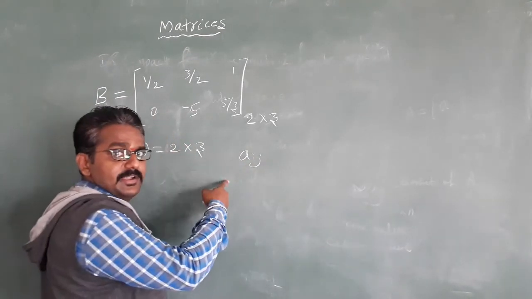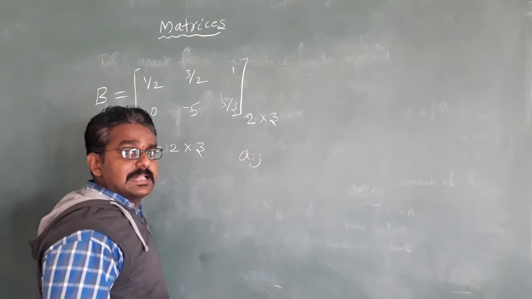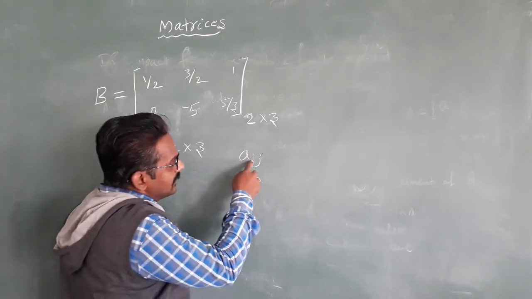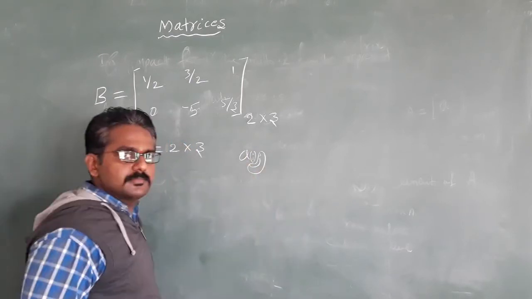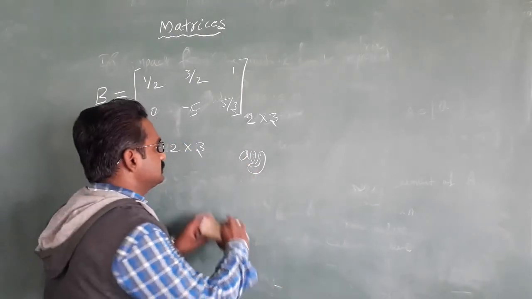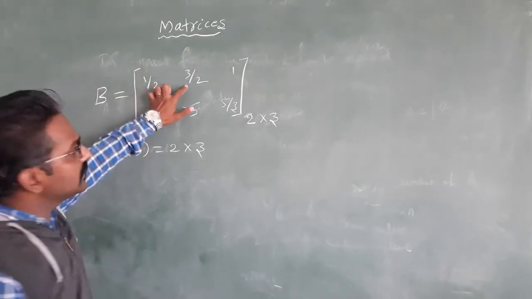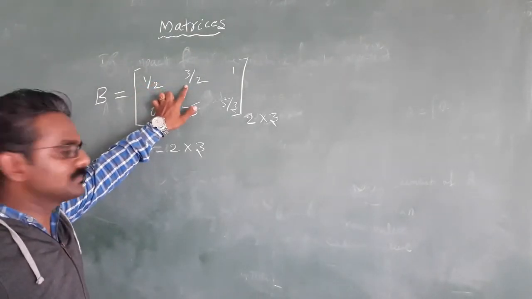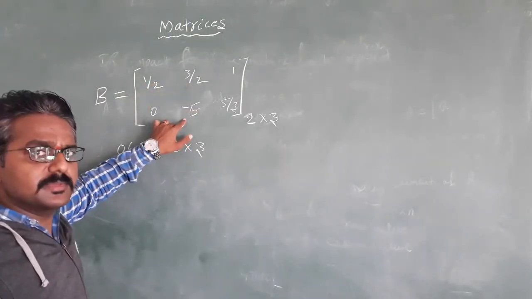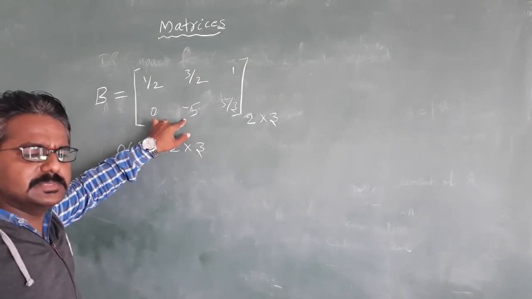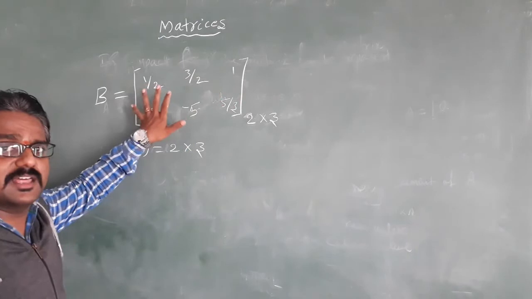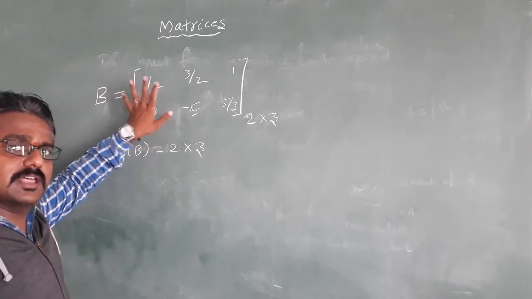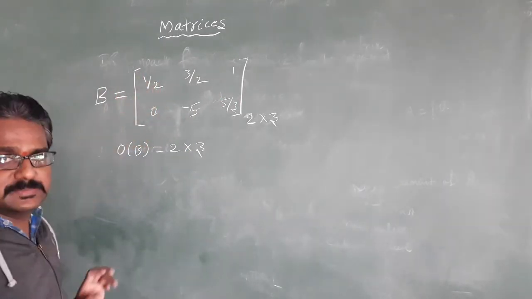It is an element of the given matrix lying in the ith row, jth column. I mentioned, no? So see here. 3 by 2 is an element of the matrix B. 1, minus 5 are also elements of the matrix B. 0, 5 by 3, 1, 1 by 2, all are the elements of the matrix B.